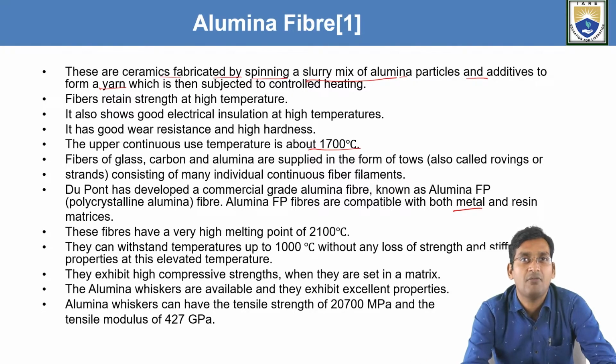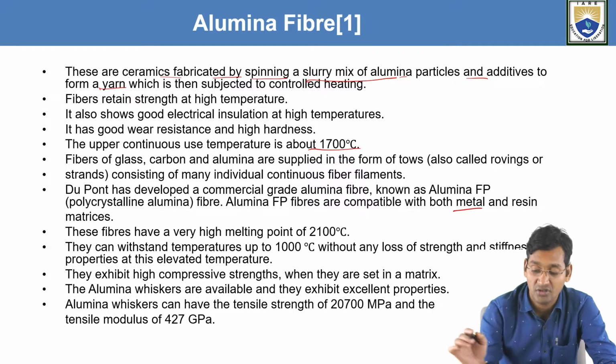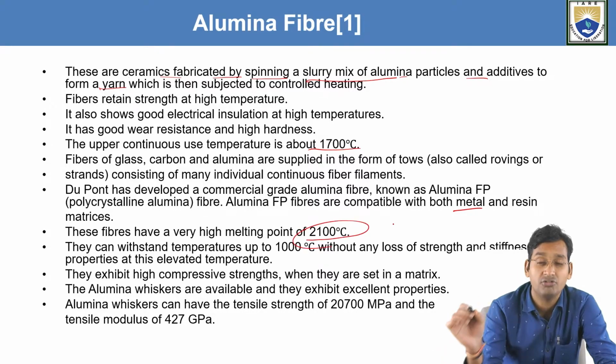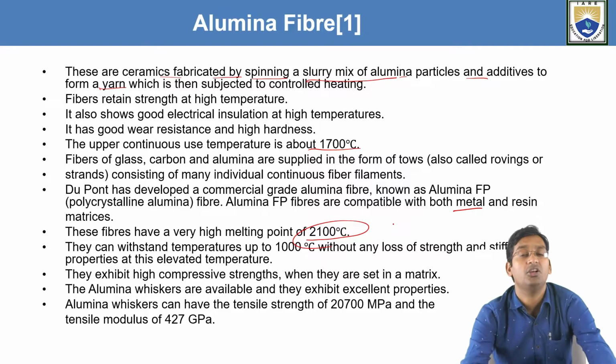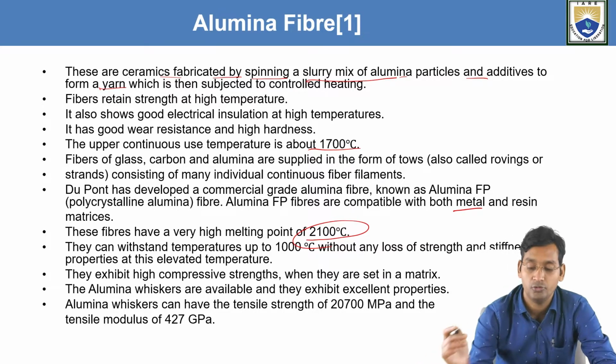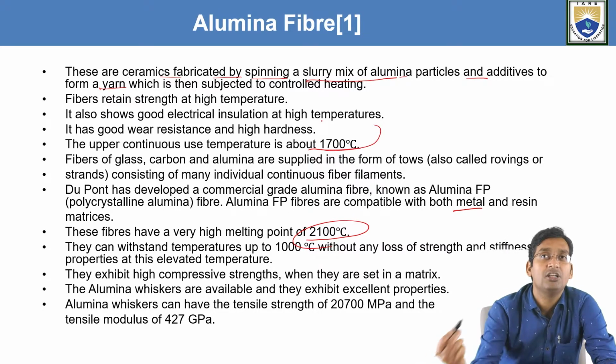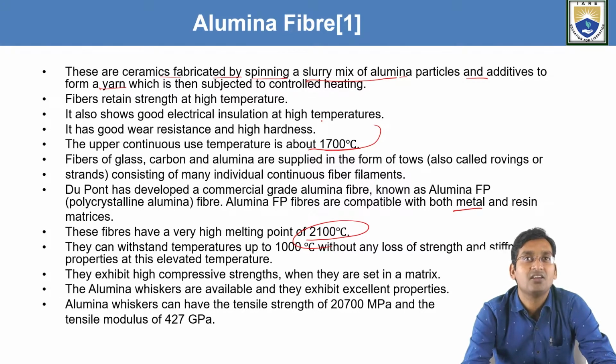These fibers have a very high melting point of 2100 degrees Celsius. At that temperature only it will melt, so before that we can use it. That's why 1700 degrees Celsius is given as the continuous use temperature.